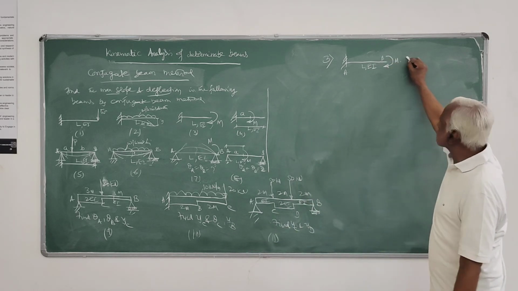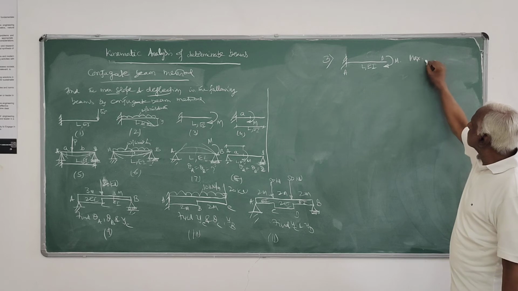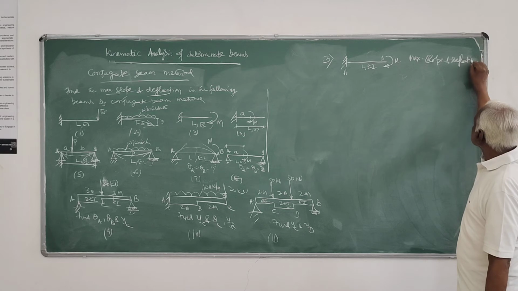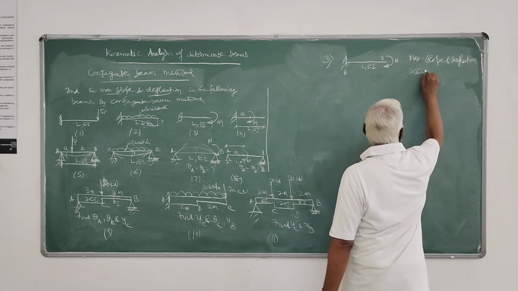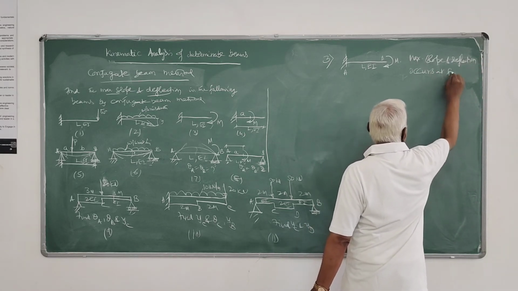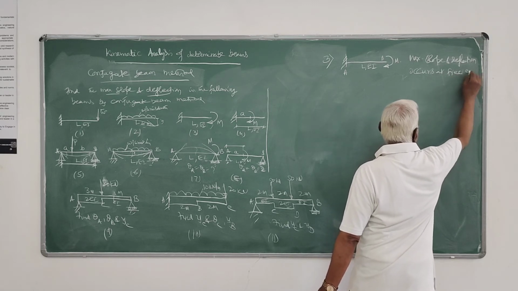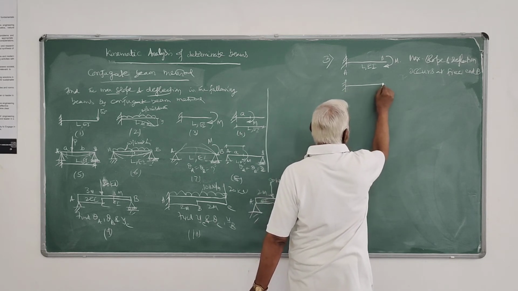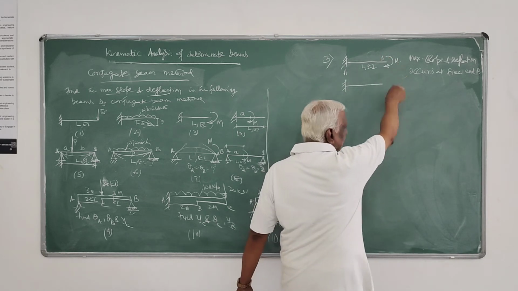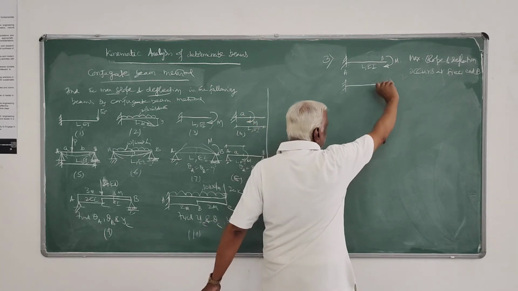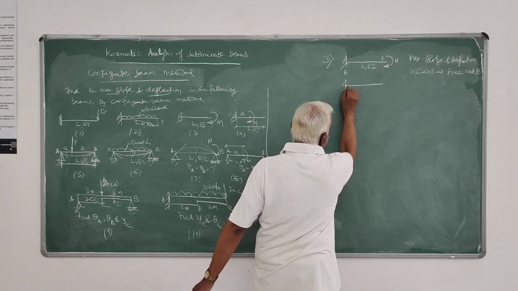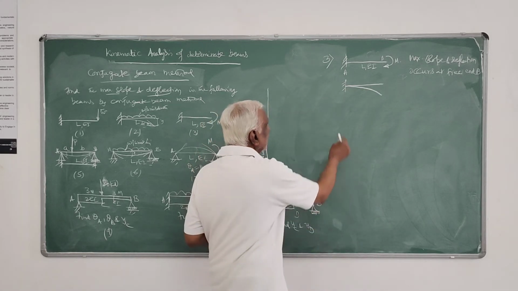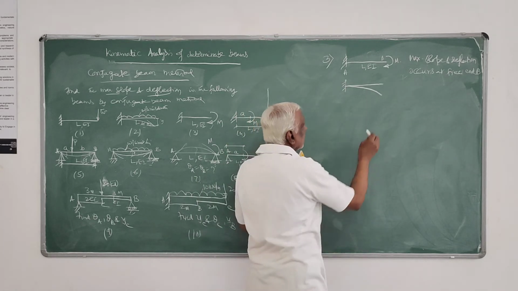So first you say maximum slope and deflection occur at free end B. You can just sketch it and show, because the moment will be acting like that. Originally it is straight. When the moment acts like this, it has to deflect in this fashion. I will show it to you exactly at scale. Here it is the fixed end, no displacement.